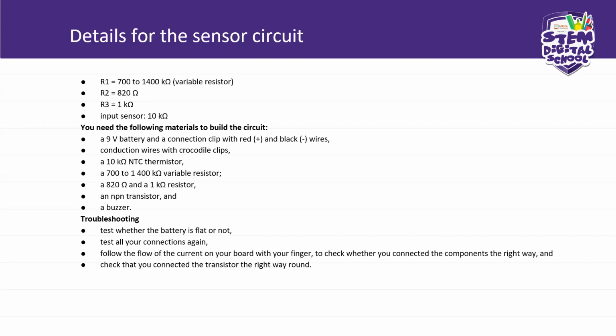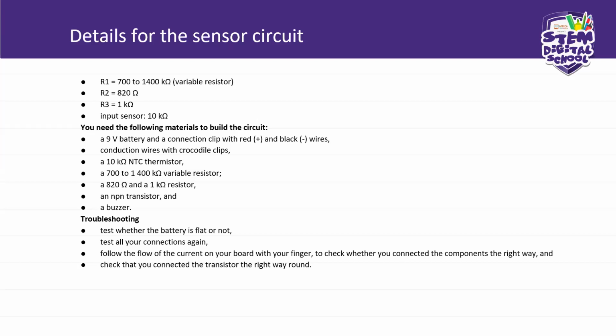But if the resistor has outlived its shelf life, or the resistor has been used in other circuits, it may lose its resistance. So it's always best to measure the value of our components before we start connecting our circuits. All right, so our teachers will assist us with that.